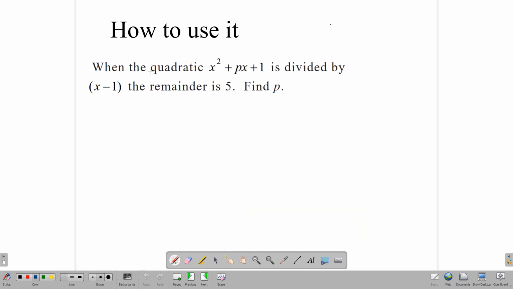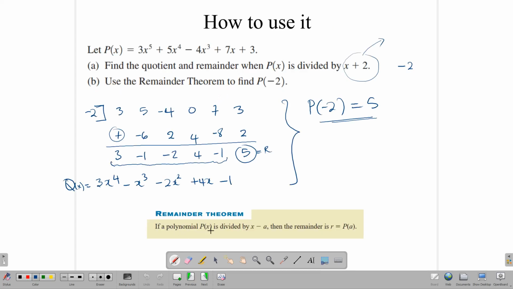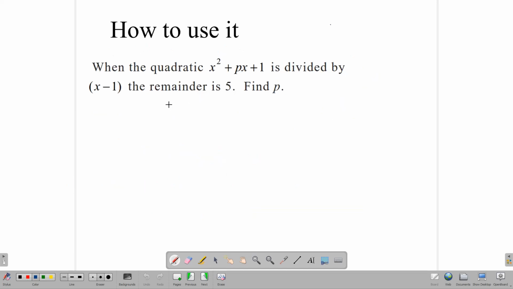It says when the quadratic x squared plus px plus 1 is divided by x minus 1, the remainder is 5. Now, using the idea that we learned a while ago, that if a polynomial p of x is divided by x minus a, then the remainder is p of a, we can solve this easily. Since we're dividing by x minus 1, we simply need to substitute x equals 1 into this quadratic, and we will find what the remainder is.